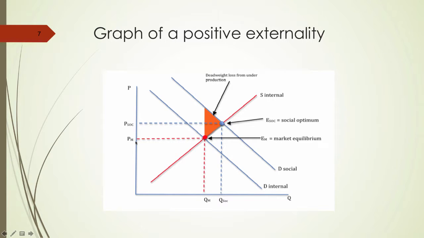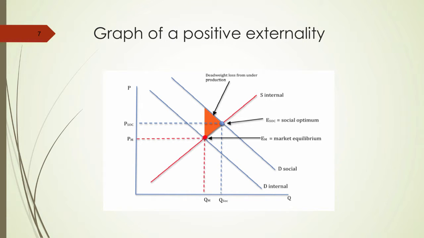But society would like there to be more vaccinations, and basically society would be willing to pay for those vaccinations, pay at the P social price, in order to get Q social in terms of the quantity. So the market equilibrium is the red dot, but the social optimum occurs at the blue dot.